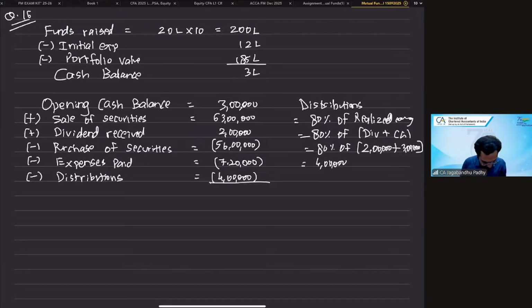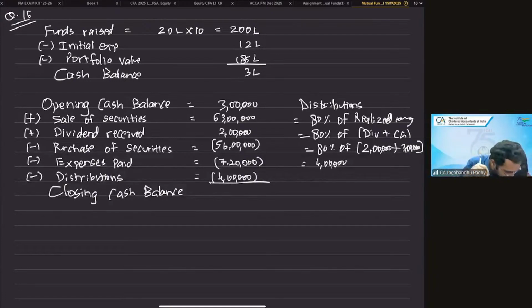Then you take the closing cash balance. So what is the cash balance left out? 80,000.